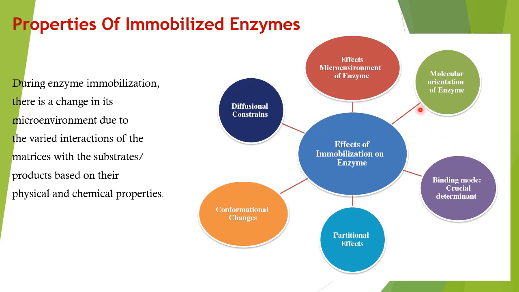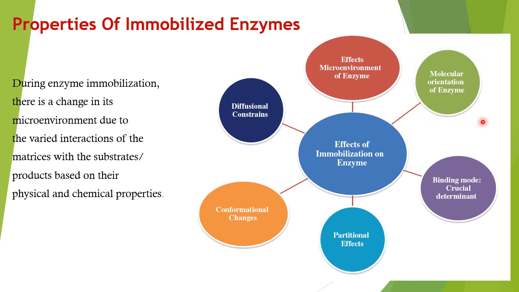Another one is the molecular orientation of an enzyme. As I told you in the chemical immobilization techniques, the molecular orientation of the enzyme can change because of the various interactions it makes, like very strong bonds.